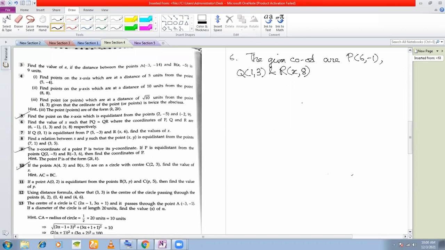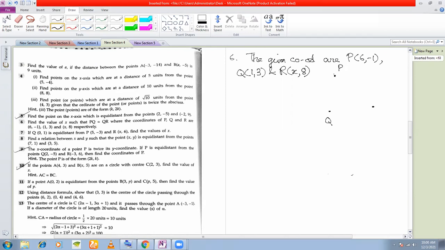So PQ is equal to QR. That means, let's say P is a point here, and let's say Q is a point here.